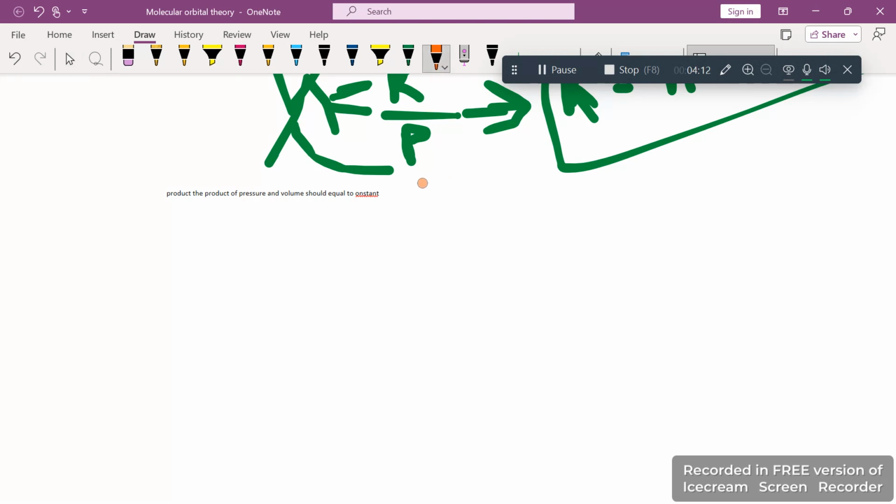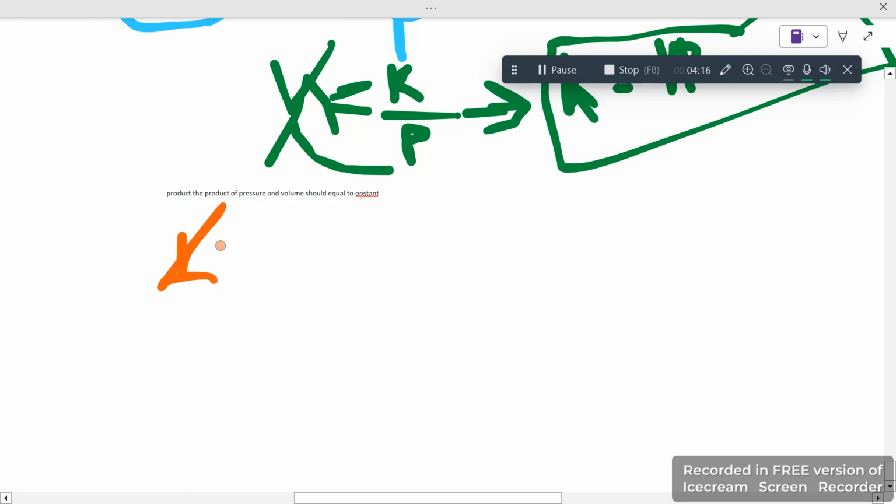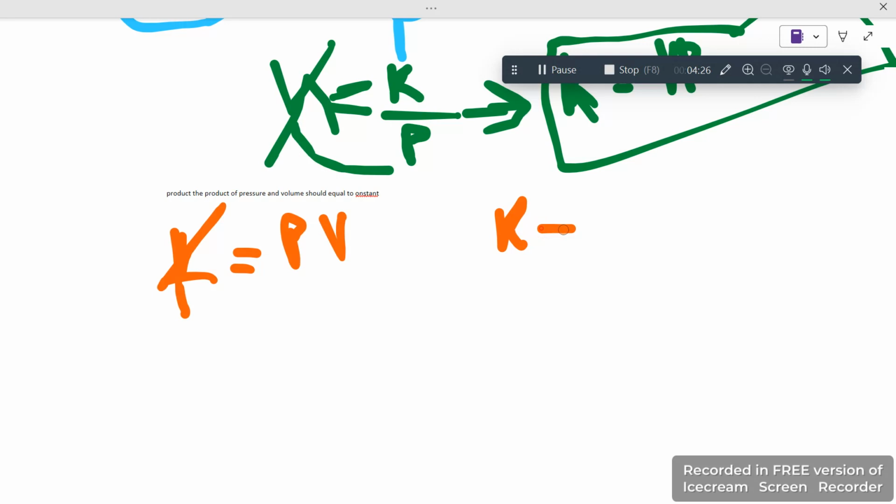Now here you will see one more thing. If k is equal to PV, what if I take this same equation again? You will get confused about what exactly is the difference. That's why we denote them by P1, V1 and P2, V2.